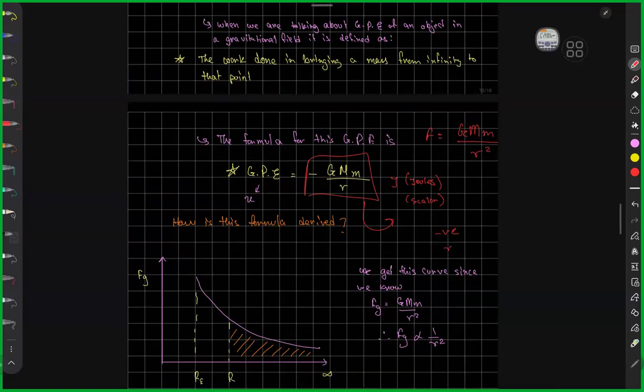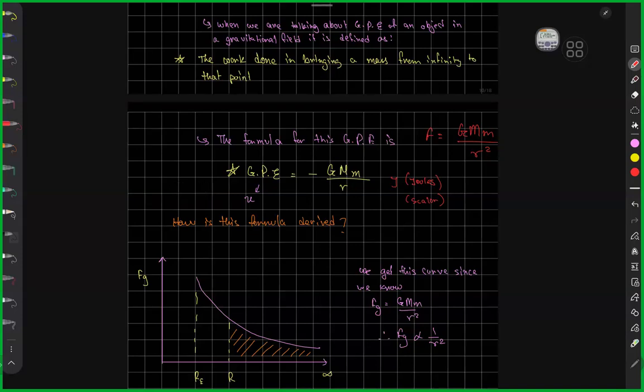If you guys are confused: gravitational potential energy, you will often see it denoted as this weird U. It can be symbolized as that, and that's fine. So they can say U at 500 meters away from Earth is, let's say, minus 1 into 10 to the power 6 joules. And that's fine. That is how they write down gravitational potential energy.